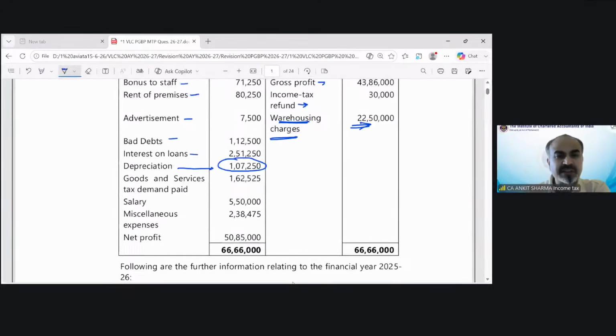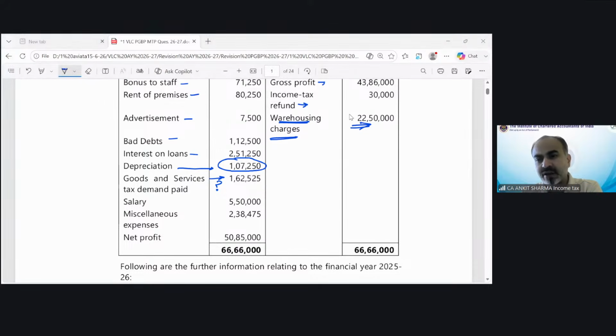Goods and service tax demand paid of rupees 1,62,525. So can you tell me the treatment of this? Anyone? Do we need to do anything with this goods and service tax demand paid, or do we need to ignore it because it is a part of business expenditure as well under the PGBP head? Do we need to add back or nothing?